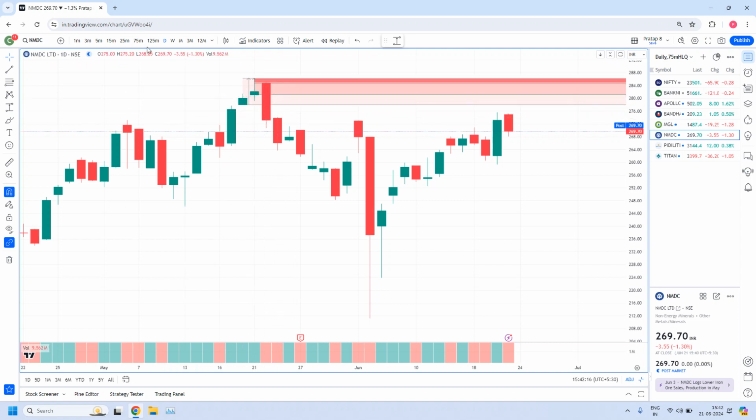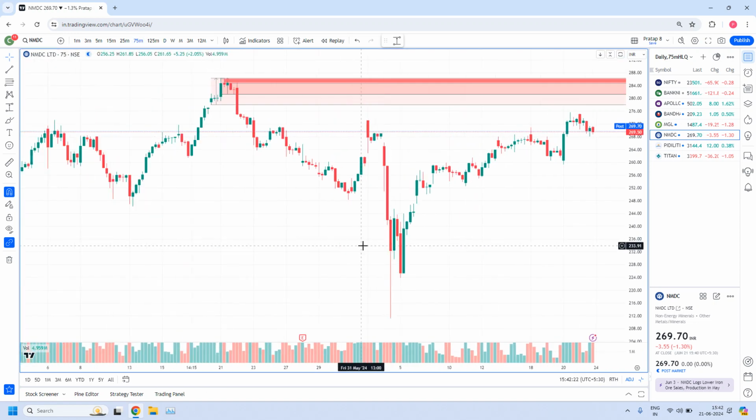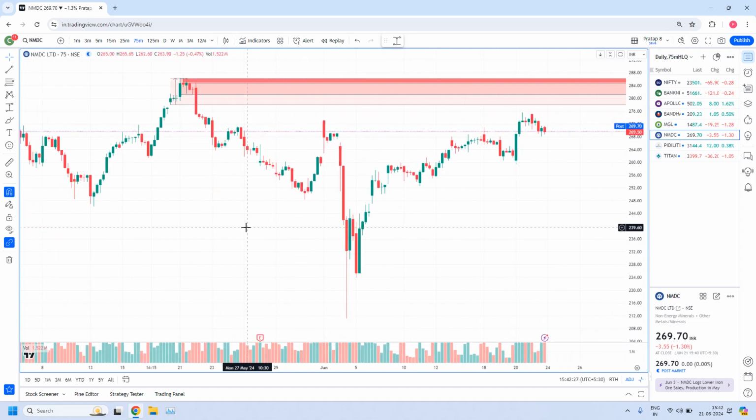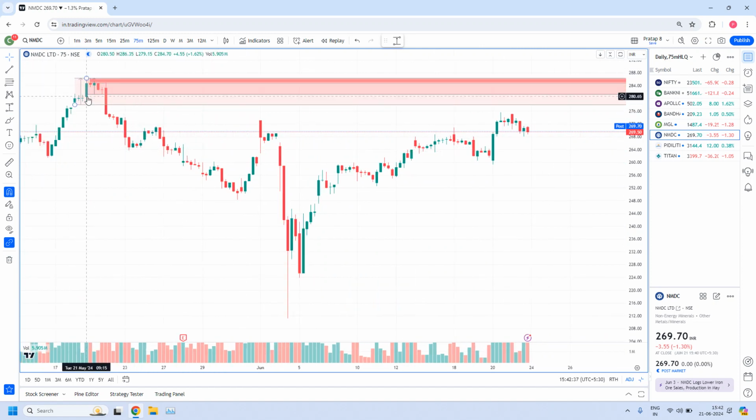In this rally, base, drop, we fine tuned with the 75 minutes time frame, because we didn't have any 75 minutes high liquidity supply zones identified. All supply zones are daily supply zones only. So within the daily zone, we have a 75 minute zone.